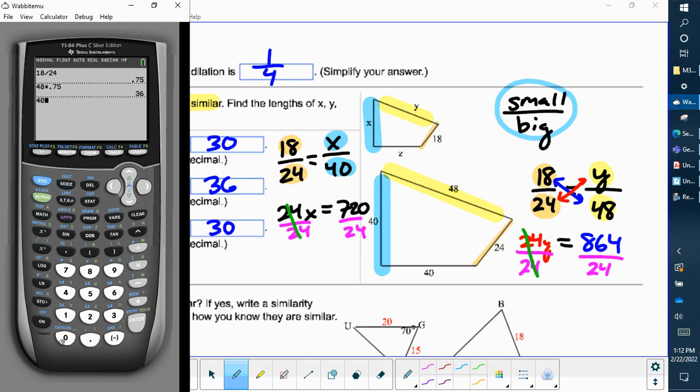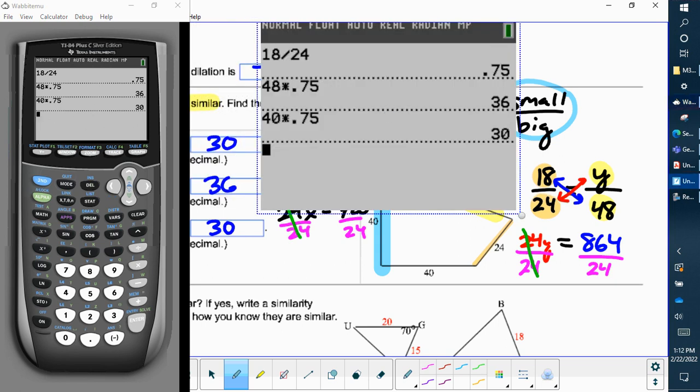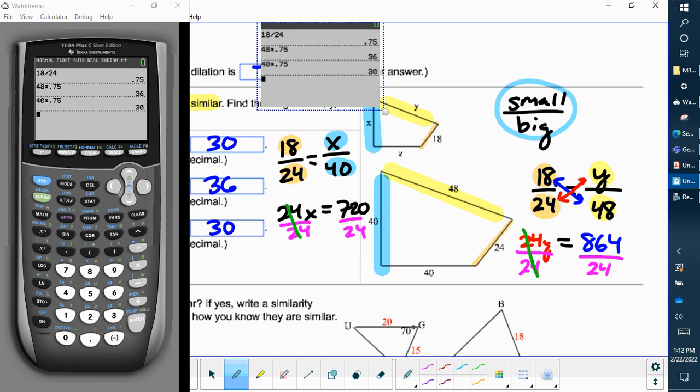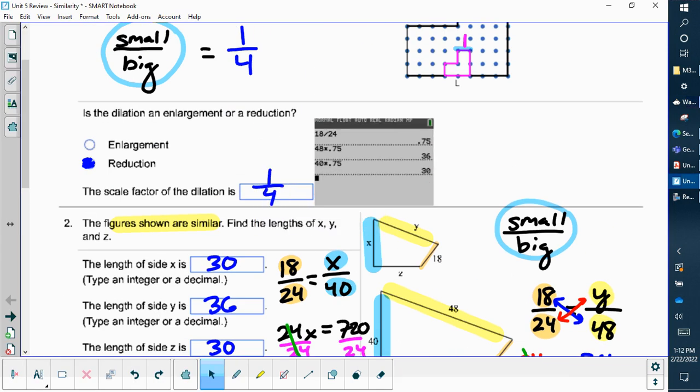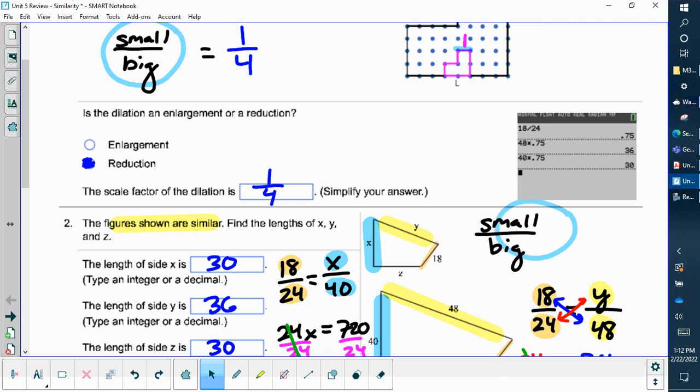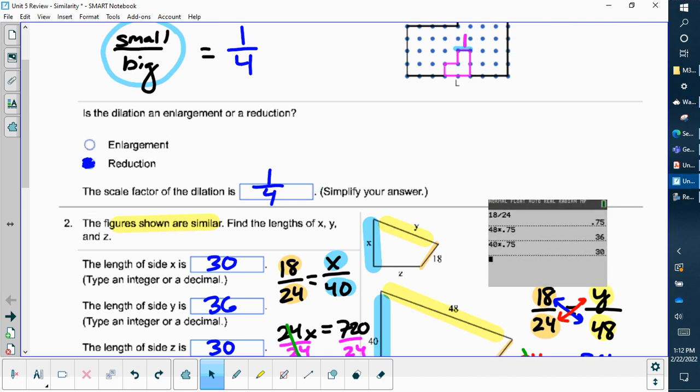What's 40 times 0.75? And that is even easier math. So whichever method you choose, it's up to you. I'll save it up here for my notes, and I'll put it over here. Maybe I'll get rid of this and pull it down so I can use it in the future.